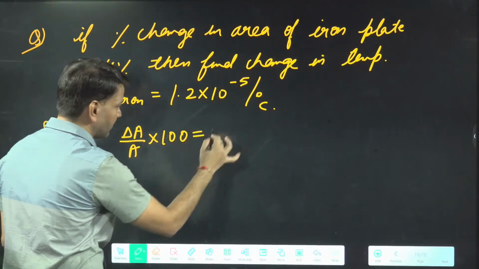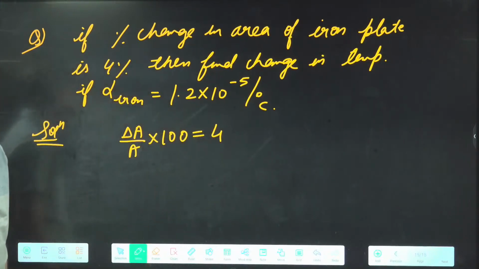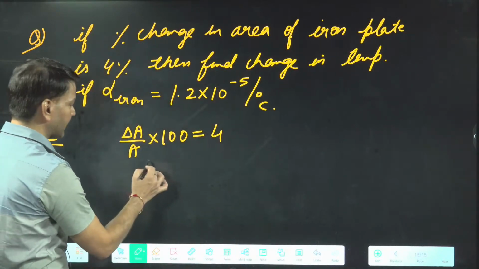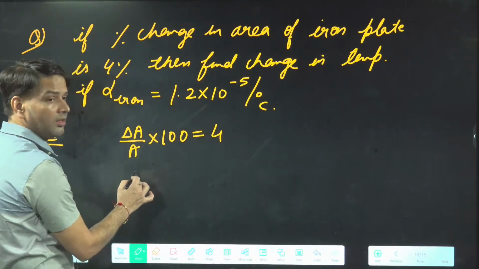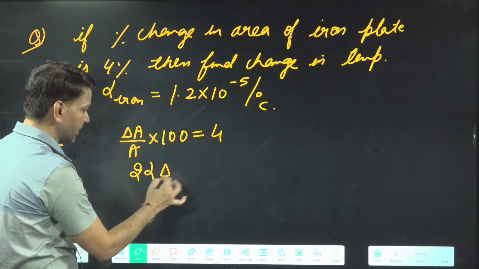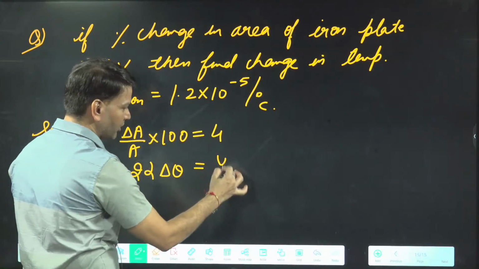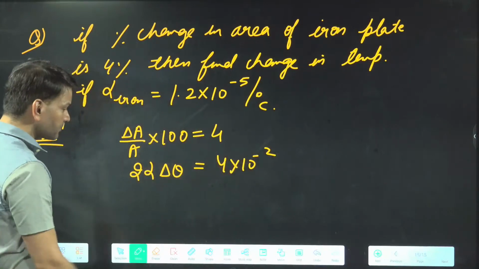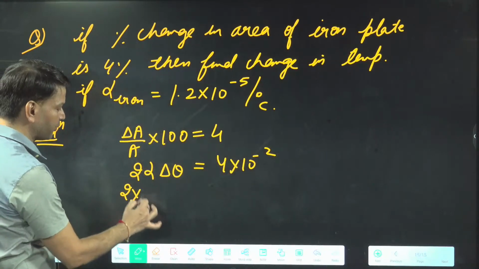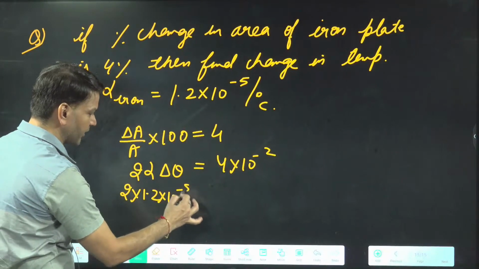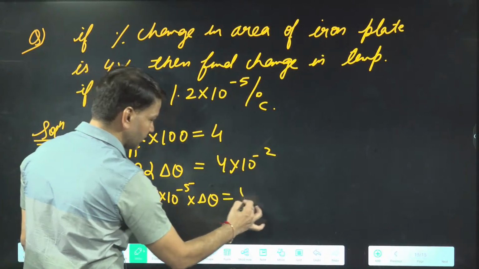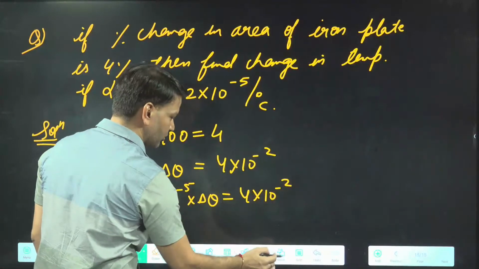That quantity is given as 4%. The fractional change delta A by A is not given, the percentage is given. Then delta A by A is 2 alpha delta theta, which you can write as 4 into 10 to the power minus 2. This 100 you will shift this side. Now alpha value they have given, 1.2 into 10 to the power minus 5, into delta theta that I want to find, is equal to 4 into 10 to the power minus 2.